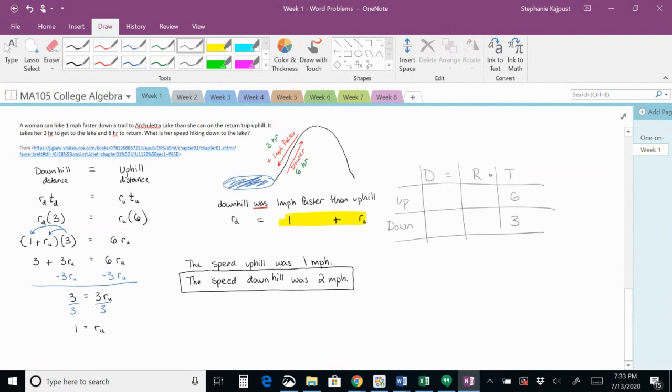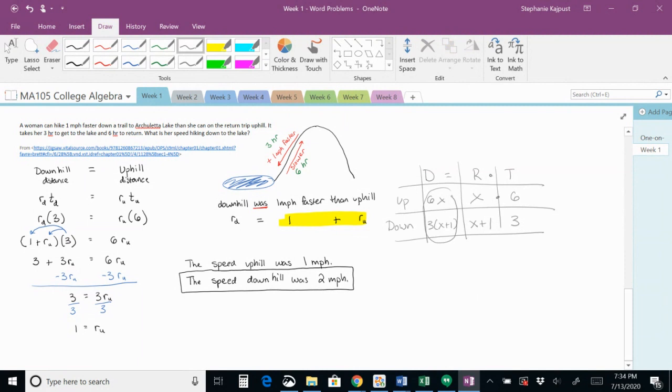So then the way the table works, they say, oh, uphill is, they'd say x, downhill is faster by 1. So they put x plus 1. And then what the table does is it multiplies. It's really weird because we usually read left to right, but the table goes right to left. And so if you multiply right to left, you get 6x. And then you multiply and you get 3 times x plus 1.